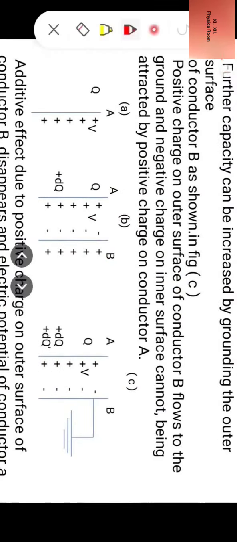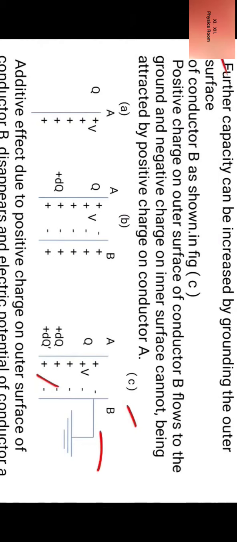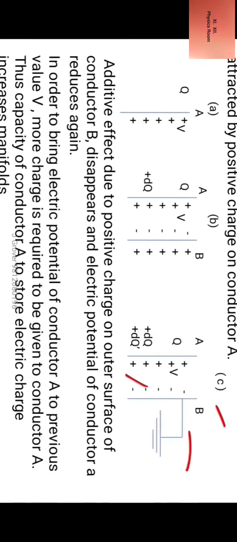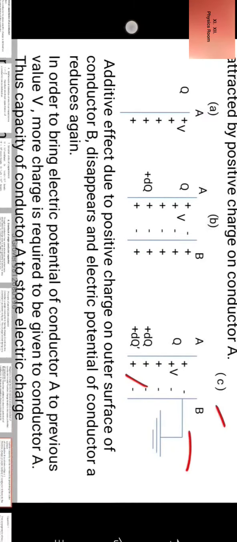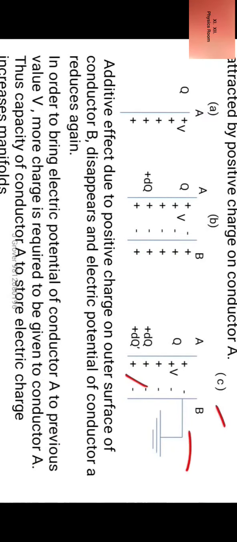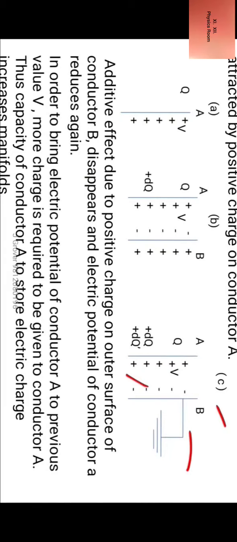Further, capacity can be increased by grounding the outer surface of conductor B, as shown in figure C. Positive charge on the outer surface of conductor B flows to the ground, and negative charge on the inner surface cannot, being attracted by the positive charge on conductor A. Now, the additive effect due to positive charge on the outer surface of conductor B disappears, and the electric potential of conductor A reduces again.